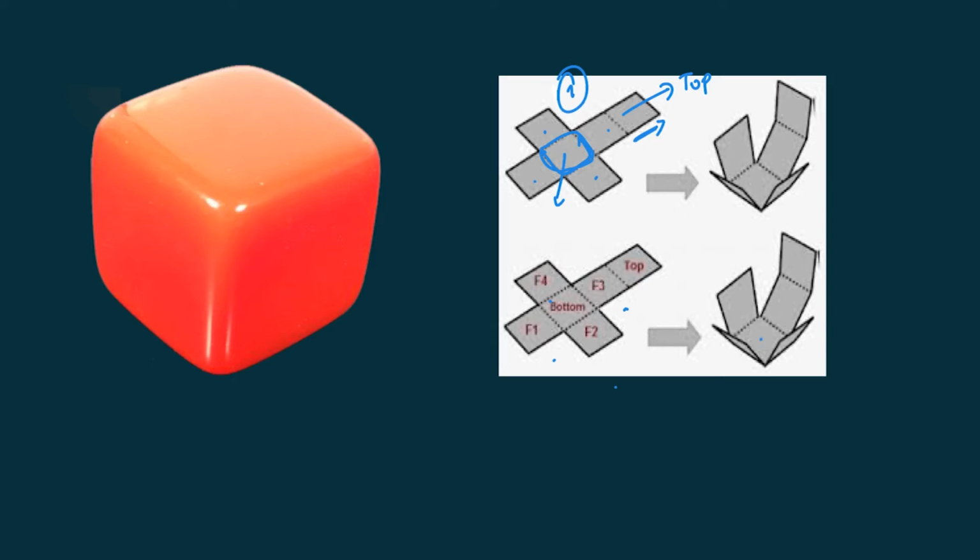You can see here, this is the bottom, and these are the side parts. You can imagine this as right position, this as front, this as left, and this as back. If this is the bottom portion, obviously this will be the top portion. So remember this figure and imagine it in your mind while solving problems.